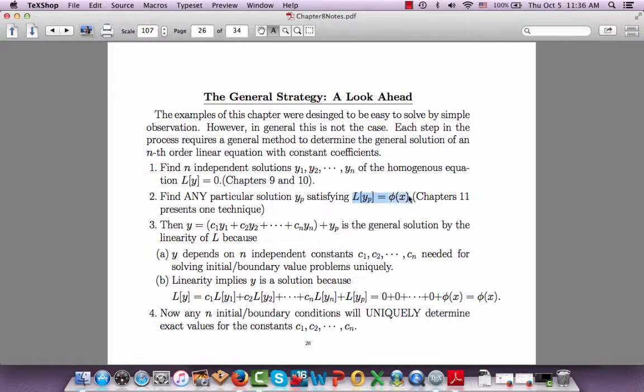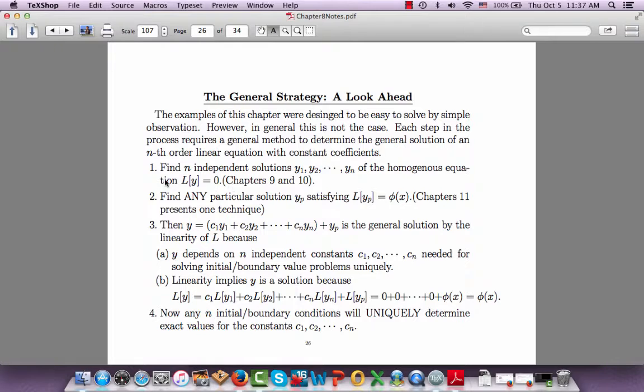Don't worry about y sub p in this case, but we have some equation and we have a bunch of initial or boundary conditions. The strategy is broken down into parts in order to first construct the general solution and then use the initial and boundary conditions to find the exact values of those constants.